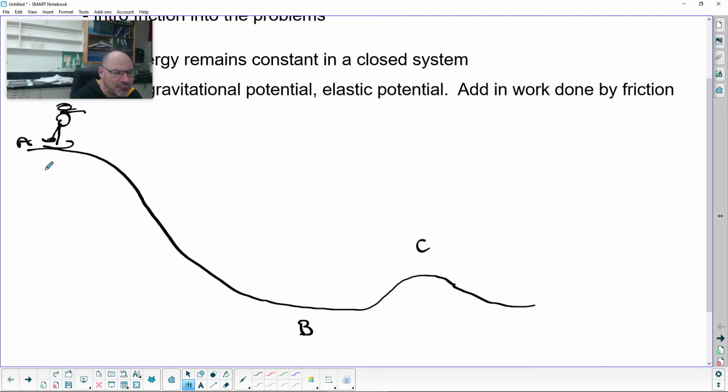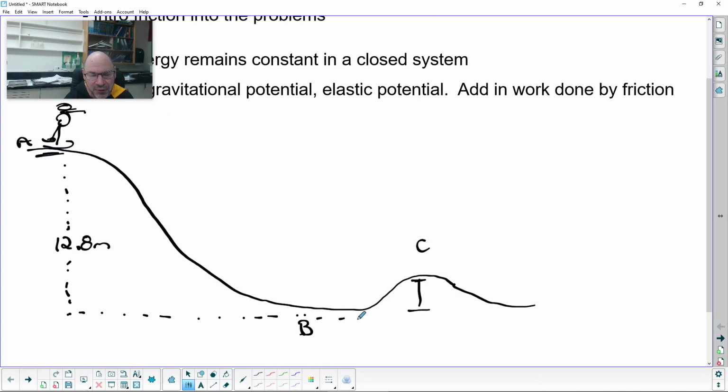We're going to say that this vertical drop, from the top of point A down to the ground level where B is, is 12.8 meters. And this little bump here, down to that bottom area B, looks to be about a quarter of that or so. So let's say that's about 3.1 meters.